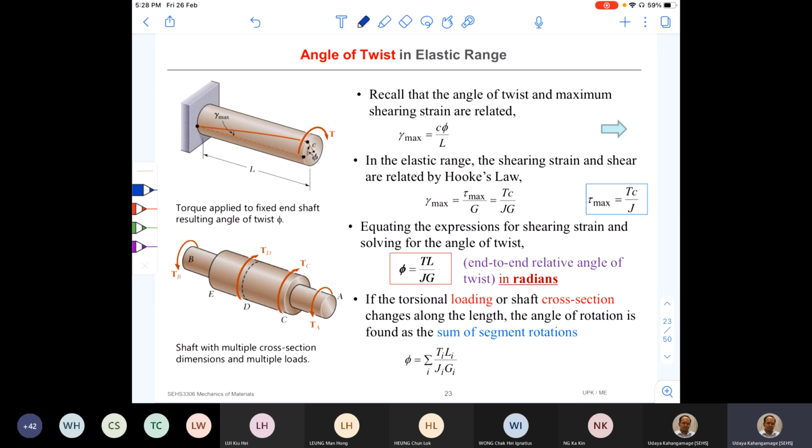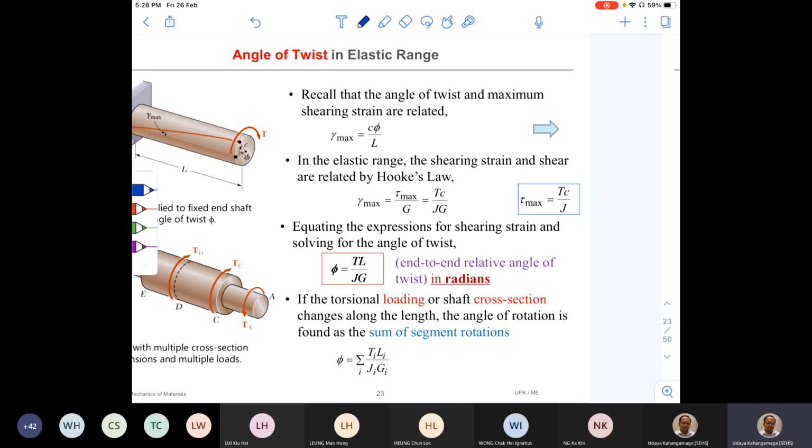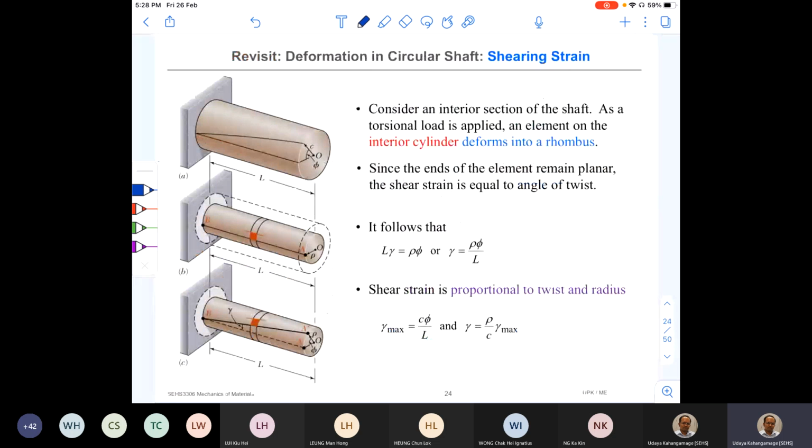For that, I would like to show you the derivation that I did at the beginning. I go to the next slide, and I hope you can remember this initial calculation. Looking at the displacement A prime, I wrote two equations and equated them, and then I got this equation.